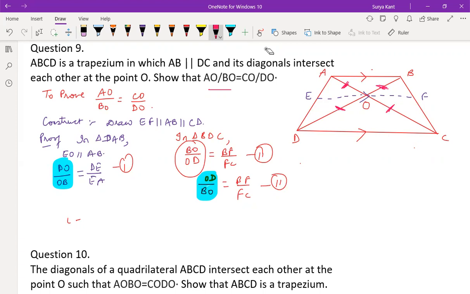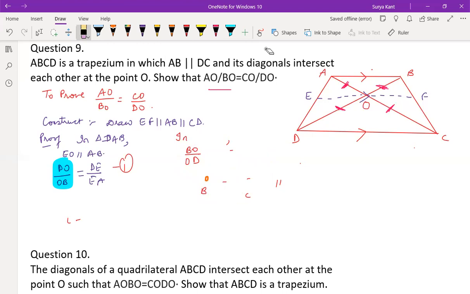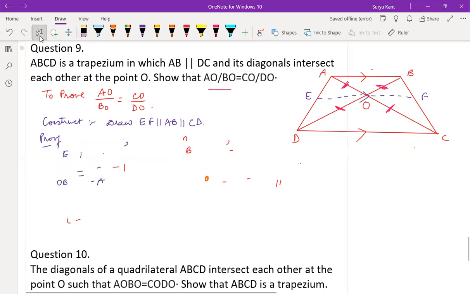Sir, we can do it by taking the triangles ADC and ADO. EO is parallel in both. It will be common: AE by DE, and AO by DO, and in the other it will be AO by OC.